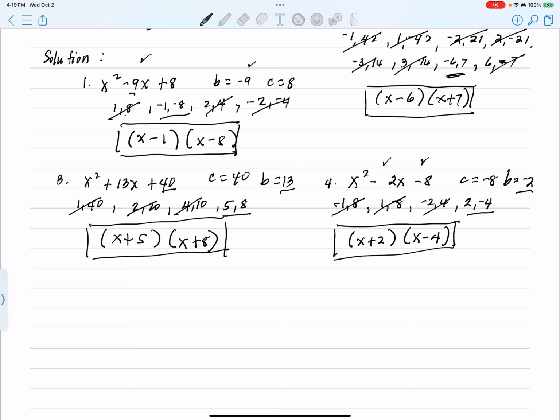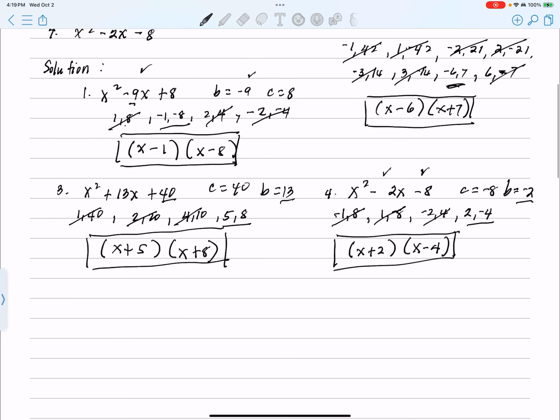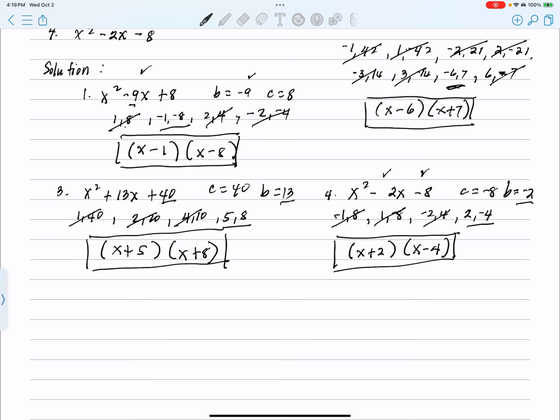Let's do our observation, class. When the middle term is negative, like in number 1, our two factors are x minus 1 and x minus 8. We have a group of negatives.